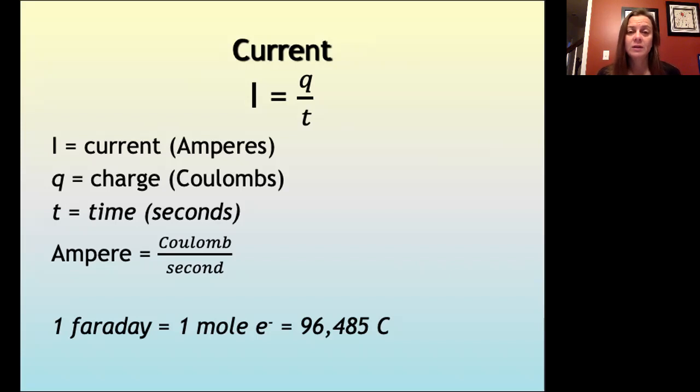It really just depends on how many significant figures you want. But it's important to remember that a Faraday is a mole of electrons. And this equation for current, I equals Q over T, where I is current, Q is charge, and T is time in seconds, is on your equations and constants sheet, as is the number for the Faraday.